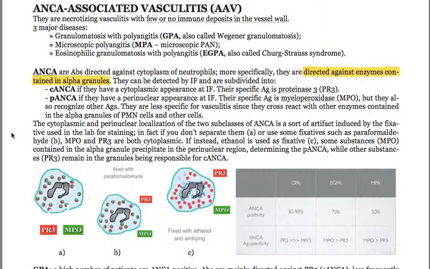They are less specific for vasculitis since they cross-react with other enzymes contained in the alpha granules of polymorphonuclear cells and other cells. The cytoplasmic and perinuclear localization of the two subclasses of ANCA is a sort of artifact induced by the fixative used in the lab for staining.